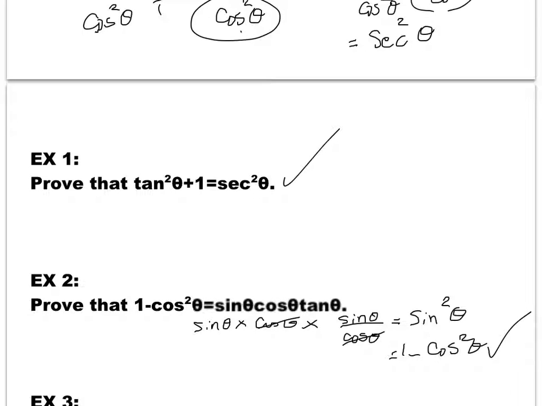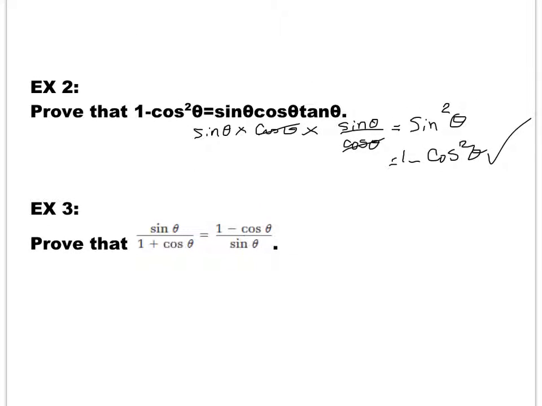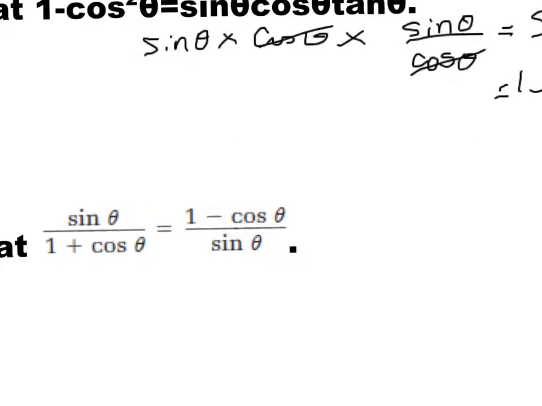Okay, next example. Prove that sine theta over 1 plus cos theta is equal to 1 minus cos theta over sine theta. The way that I'm going to solve it is that I'm going to multiply the left-hand side, the numerator and denominator, by 1 minus cos theta.